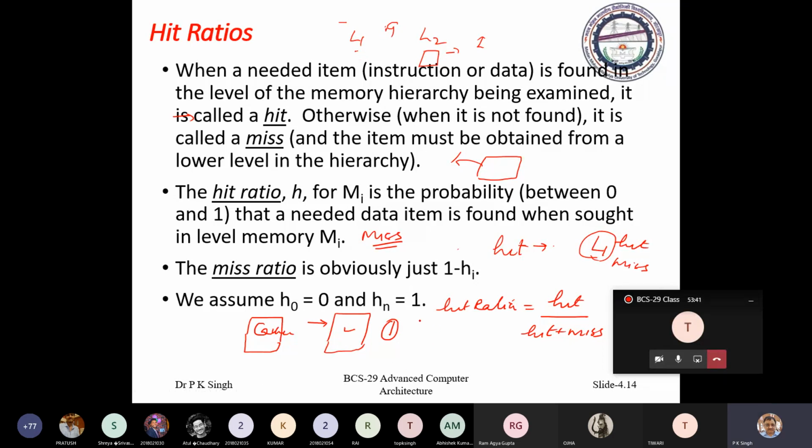So if your processor generates 100 references, it means 90 references it may retrieve from the cache memory, and for only 10 references it has to refer to main memory. Sir, how does the processor know how many references to get from cache and how many from RAM? Yes, you will know now. Let me explain.